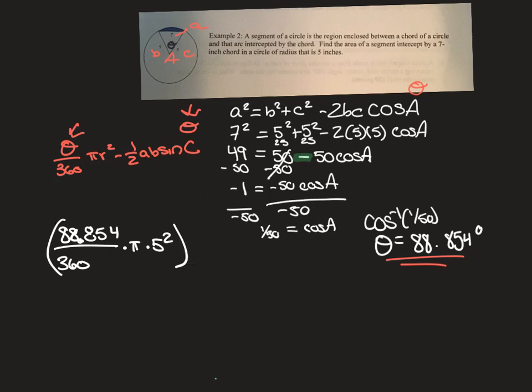I'm going to do this whole piece minus 1/2 times 5 times 5 times sine of 88.854 degrees. I'm just going to type this whole thing in my calculator with parentheses and the degree symbols all at once. So again, let me grab a picture of my calculator screen to help you out, just so you can see how I typed it.